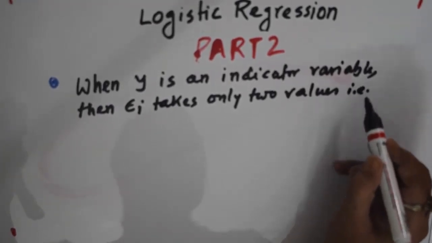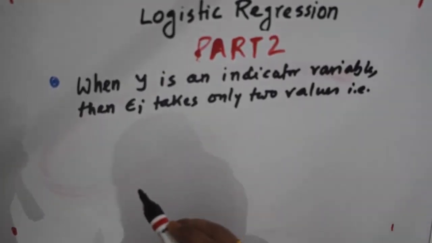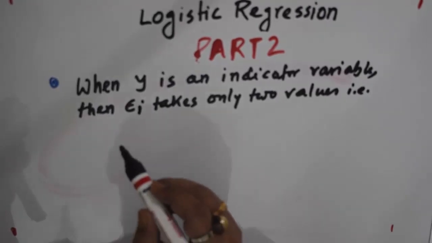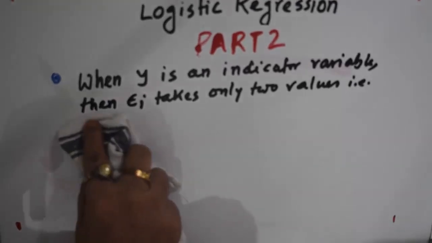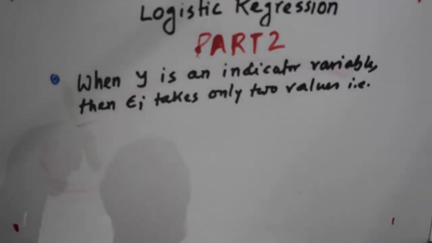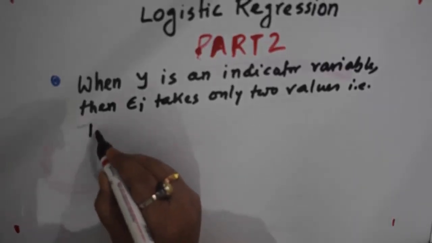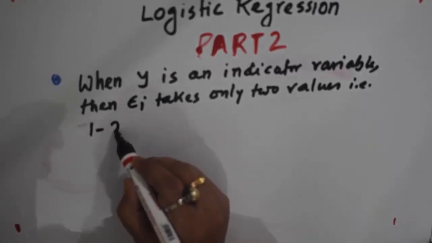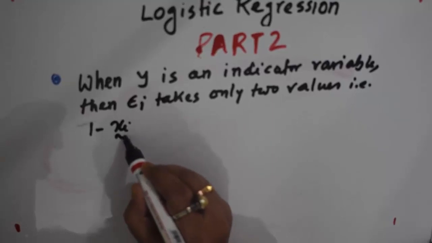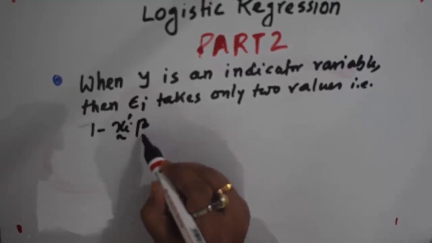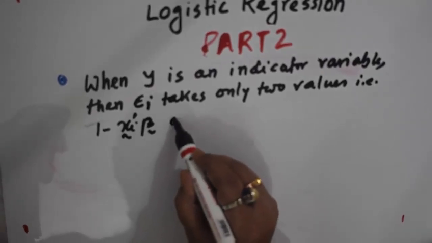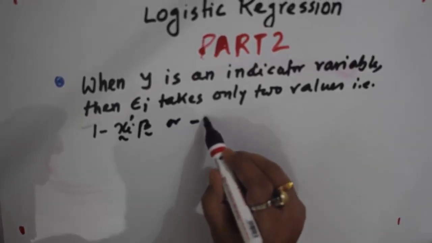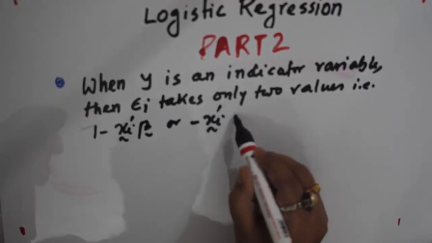that is, 1 minus xi prime beta curl, or minus xi curl prime beta curl.